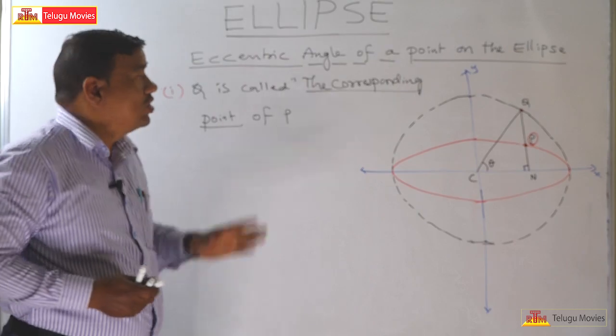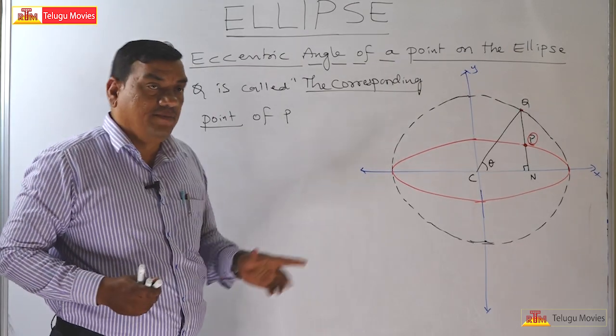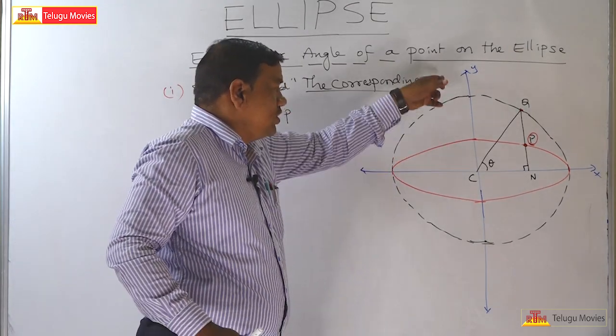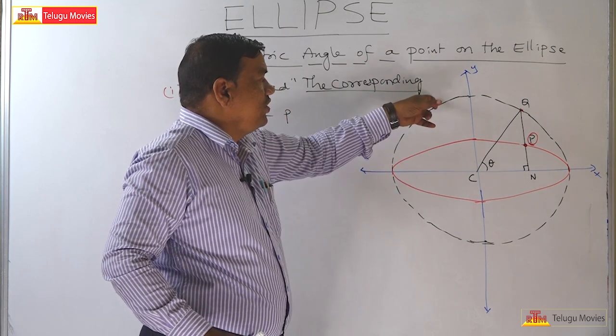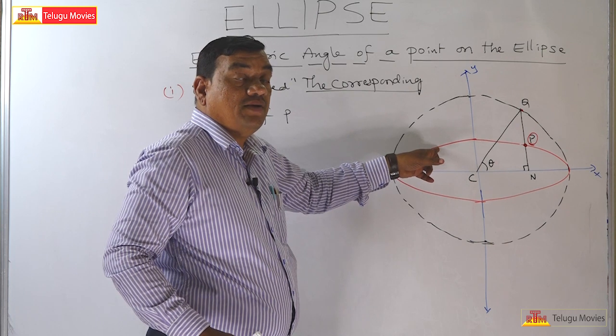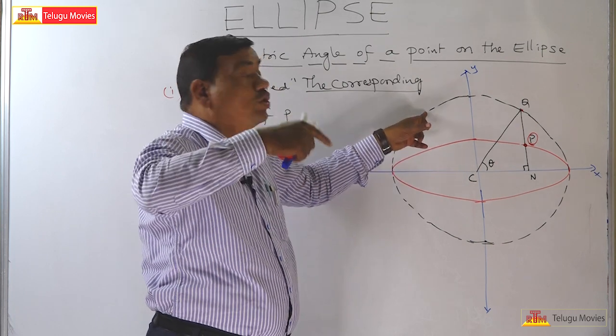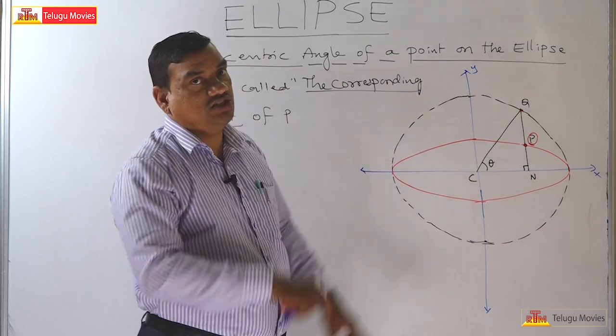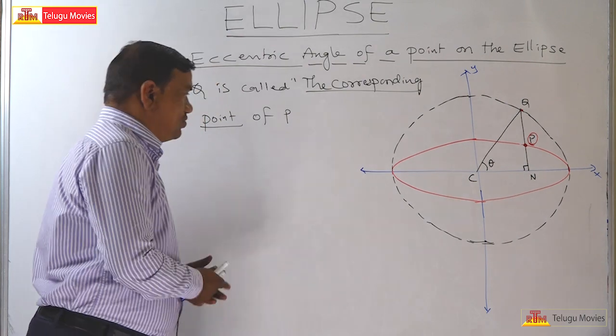That Q is called the corresponding point of P. If P lies here, draw a straight line, so Q will be here. So this Q is called the corresponding point of P. P will be on the ellipse, Q will be on the auxiliary circle. So that is the first point.